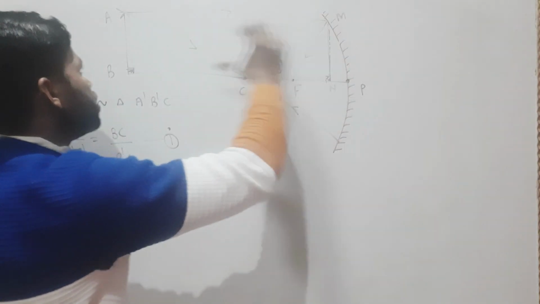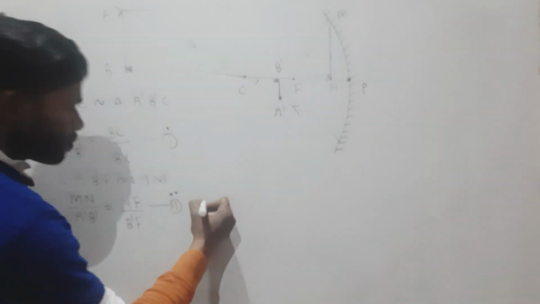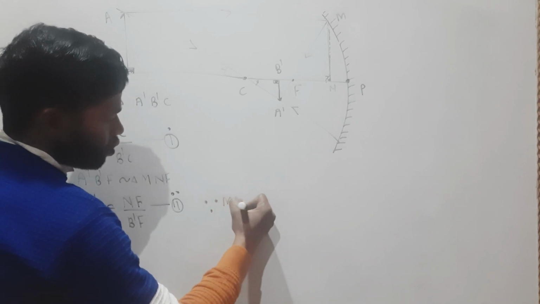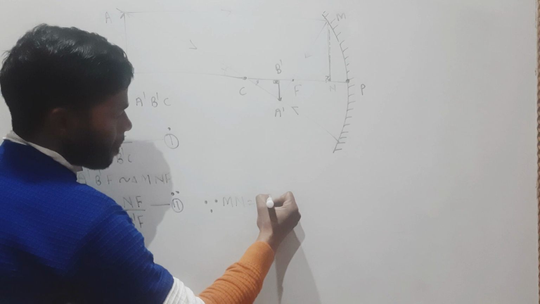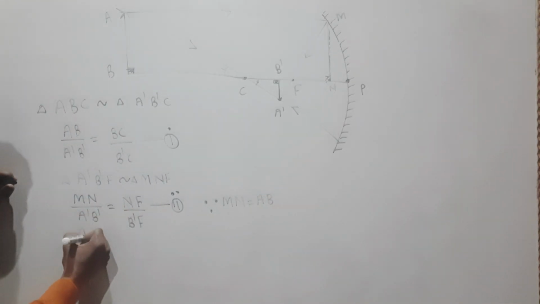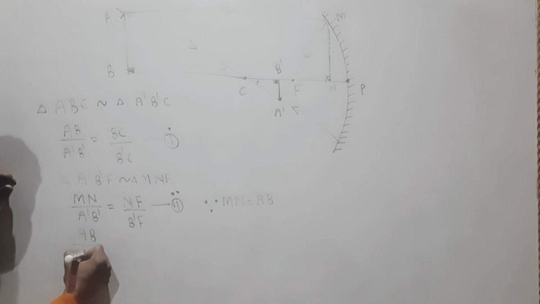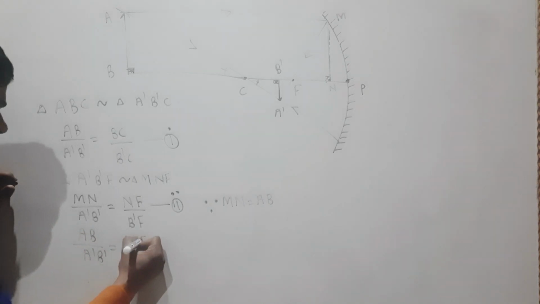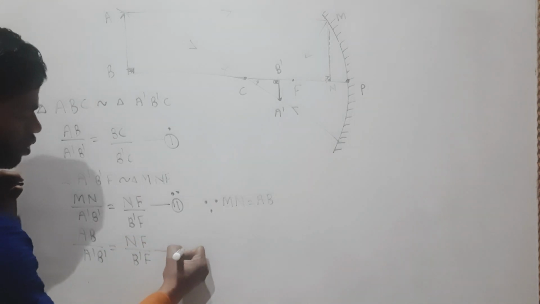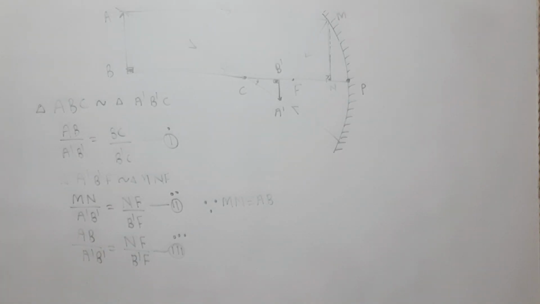So MN is equal to AB. Put the value of MN here. You will get AB divided by A dash B dash is equal to NF divided by B dash F, which is equation third. You can note it here.